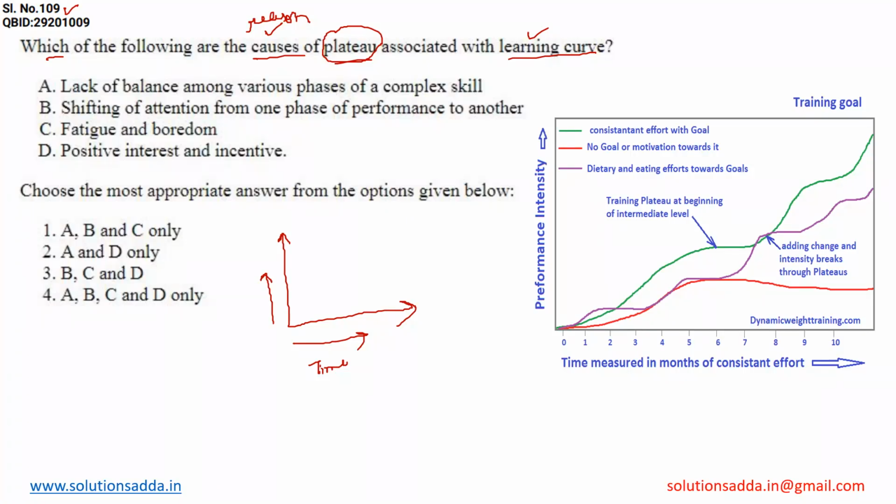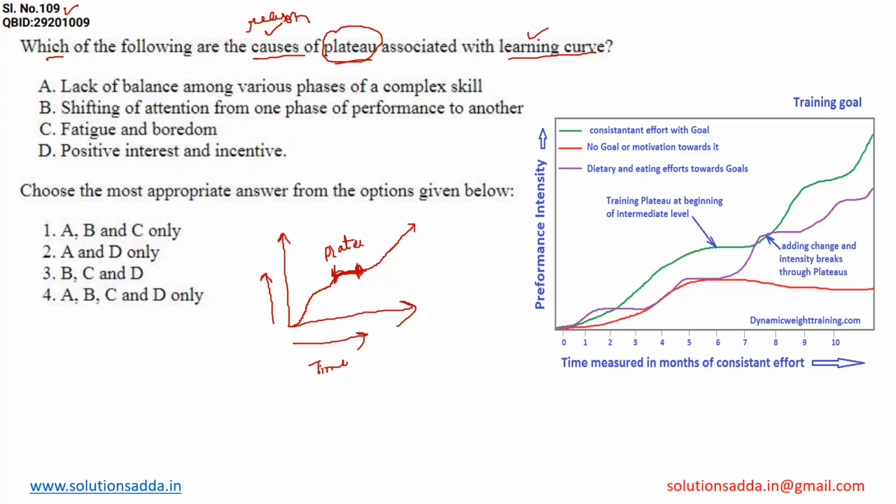Here a student starts from the initial stage and gives time to gain some knowledge. So the learning curve increases like this. By observing this curve, have you seen this area where no performance is visible? This area in the performance learning curve is called the plateau.